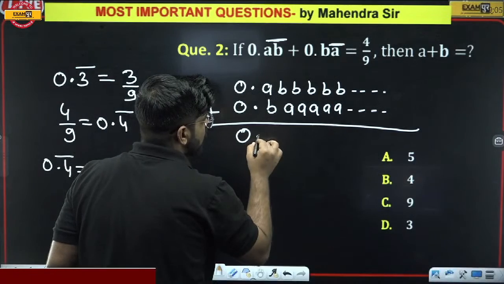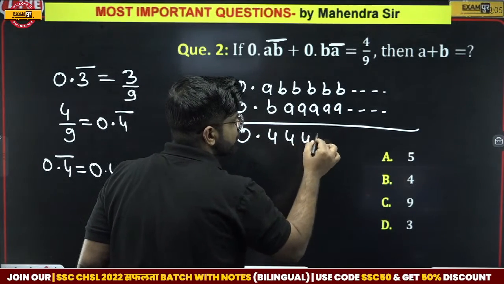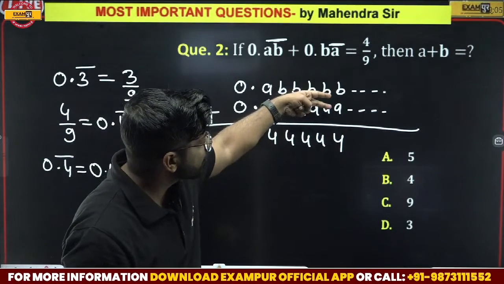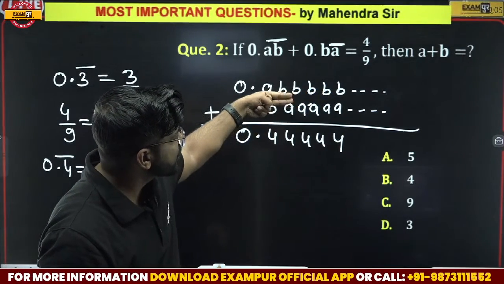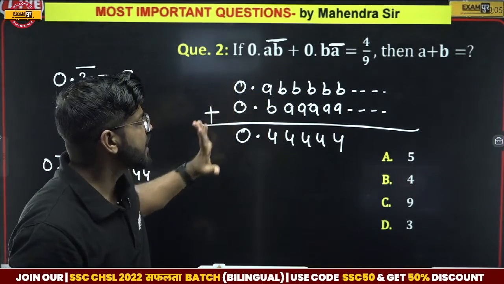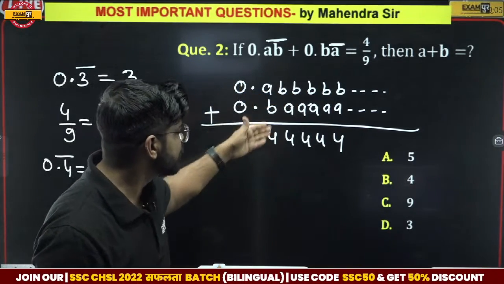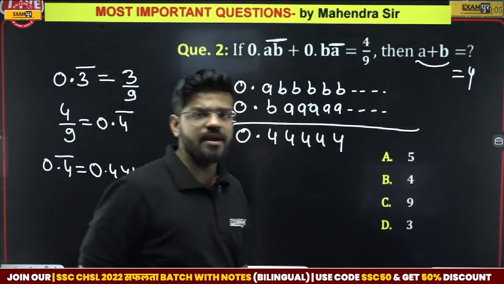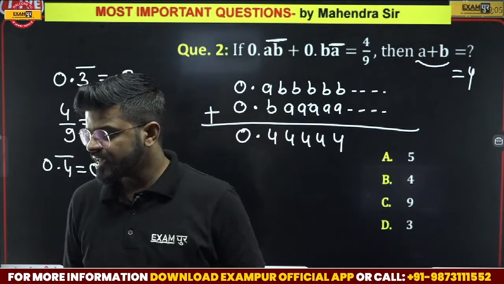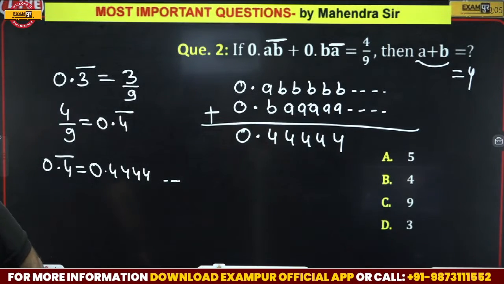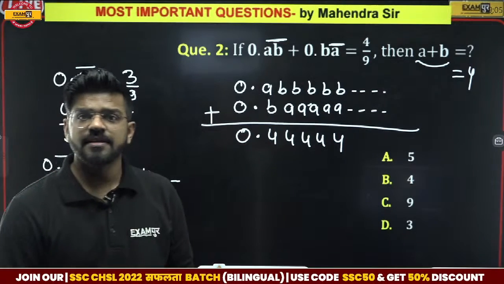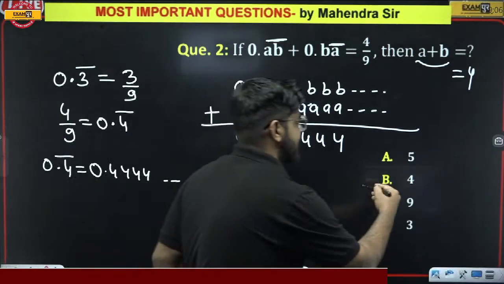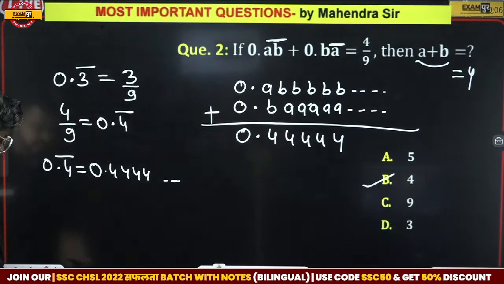So this is equal to 0.44444. How are we getting 4 here? Addition of A plus B, A plus B, A plus B, right? So A plus B gives me 444. That means A plus B is equal to 4. Is it clear, my dear friends? So 4 is my right answer. Option number B is the correct answer.